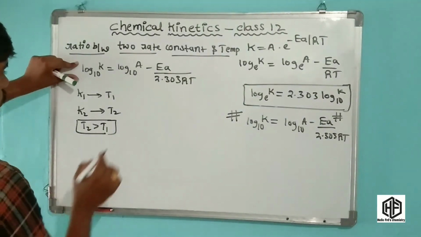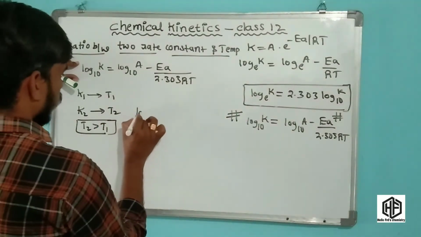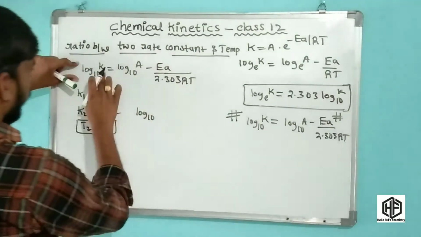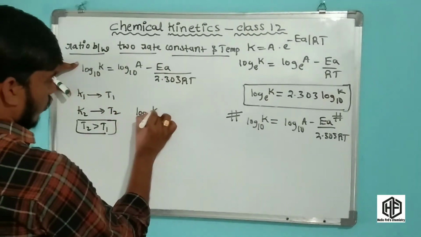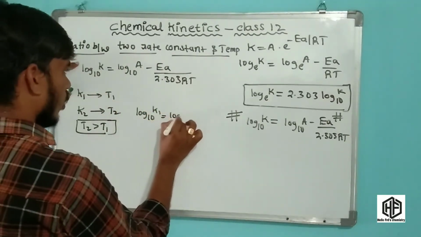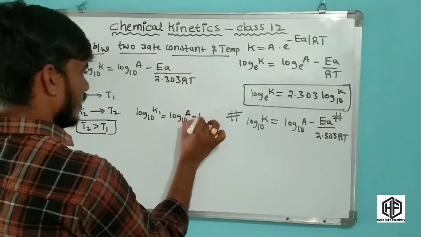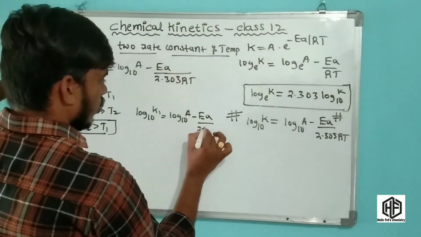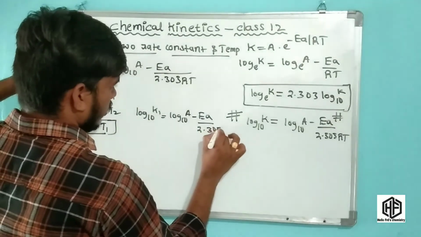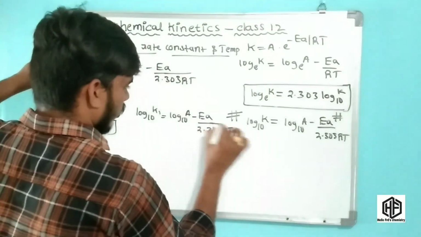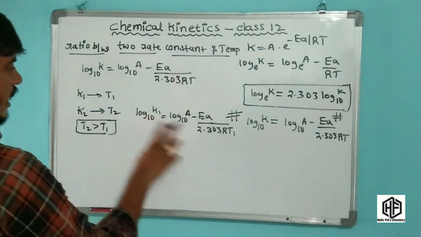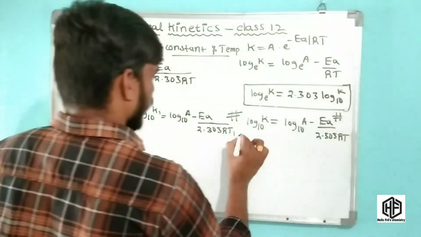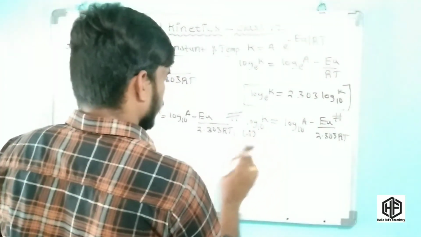Now in this equation, log base 10 K1 is equal to log base 10 A minus Ea by 2.303 R T1. This is equation 1.